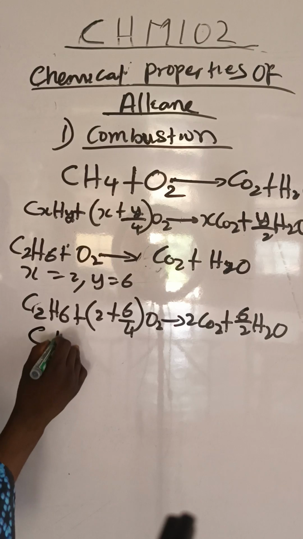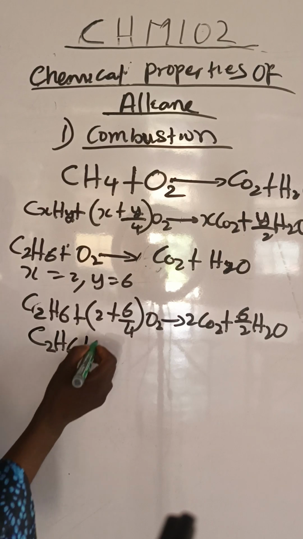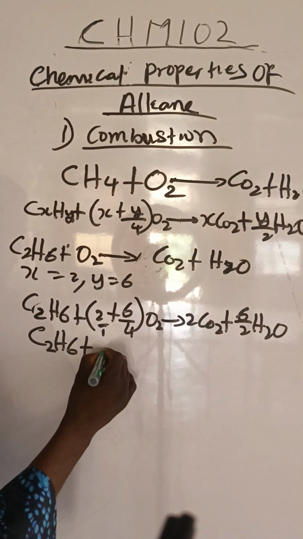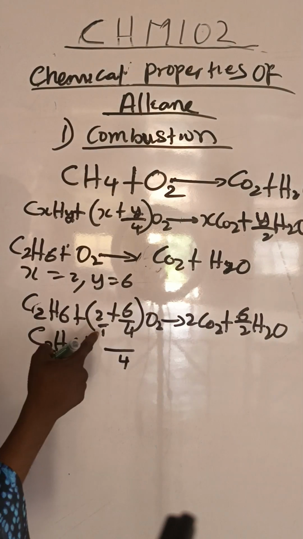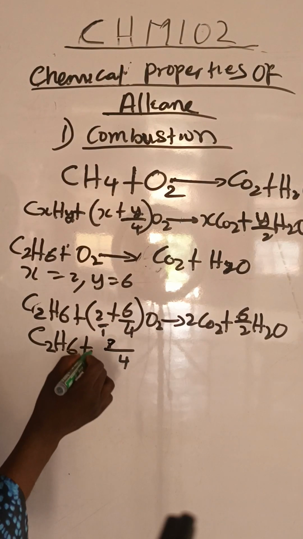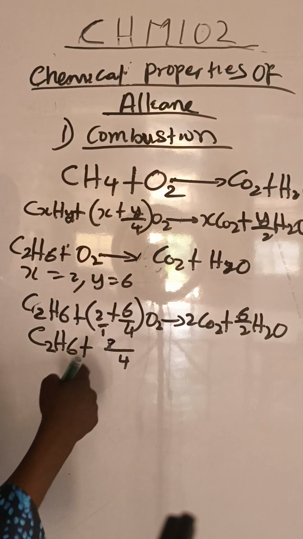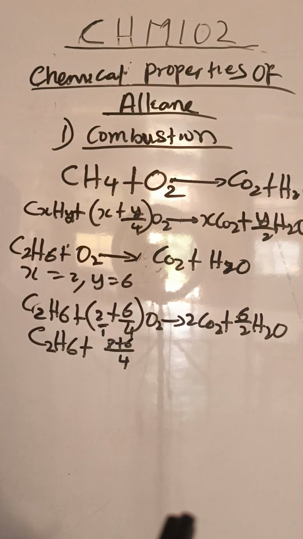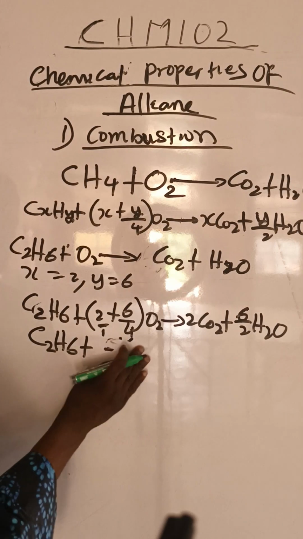Then what do we have? C2H6 plus, if you find the LCM here, we have an invisible 1 here. LCM will now be 4. 1 in 4, 4. 4 times 2, 8. 4 in 4, 1. 1 times 6, 6. 8 plus 6, 14. Everything will be 14 over 4.